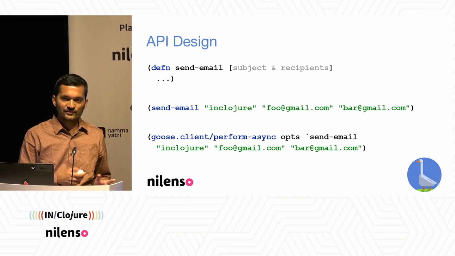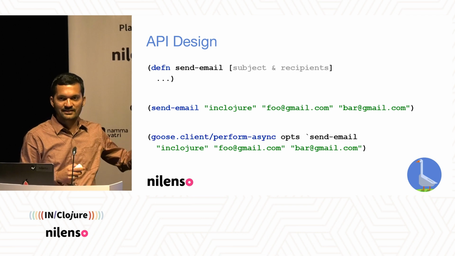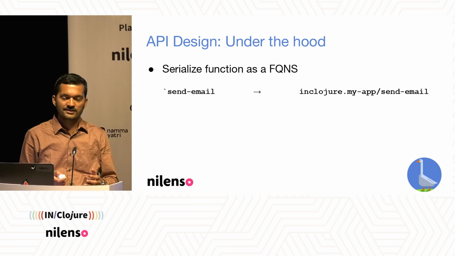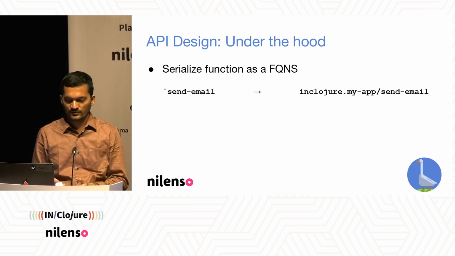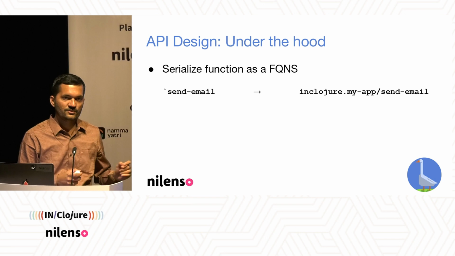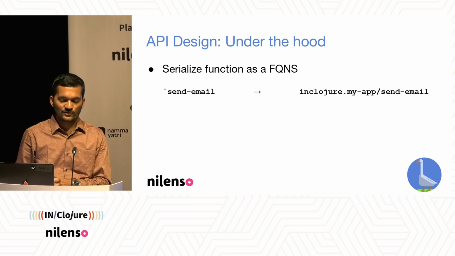So we spent a lot of time coming to this simple API design, and let's look under the hood at what we did to get there. The first thing we need to do is serialize a function so that it can be stored in a broker.